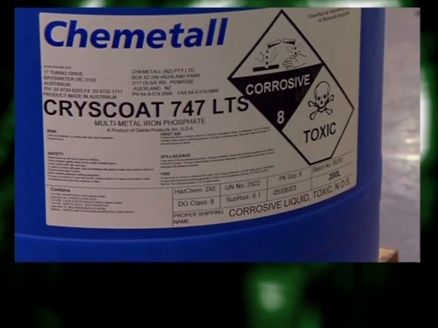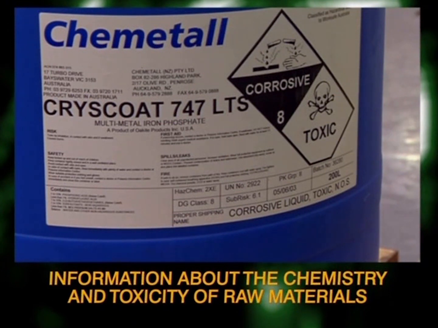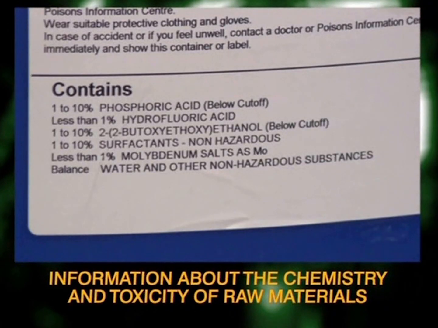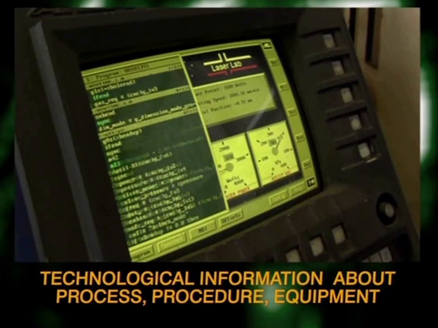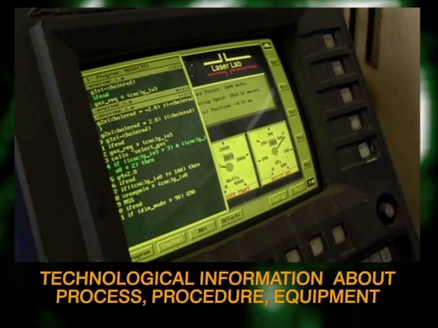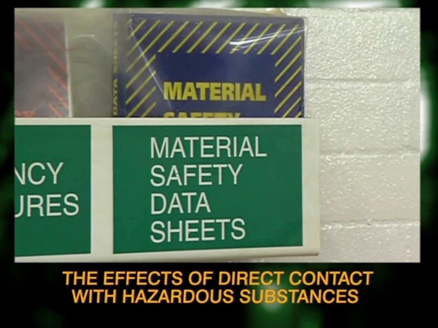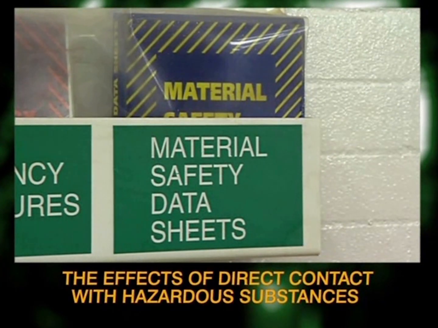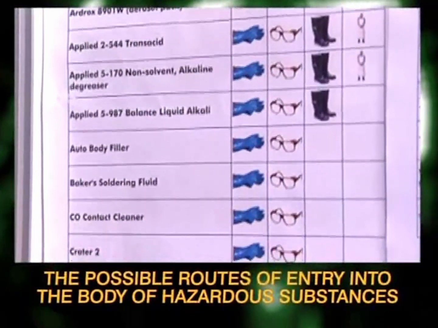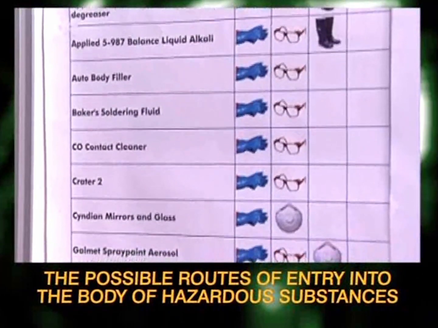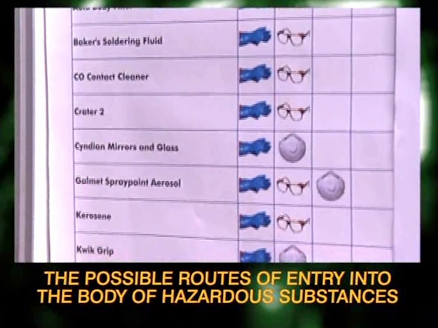In these less obvious situations, in order to be able to recognize the presence of hazards, we may need to know some of the following: information about the chemistry and especially the toxicity of raw materials, products, and byproducts; technological information about a process, procedure, or piece of equipment; an understanding of the effects of direct contact with specific hazardous substances; and an understanding of the possible routes of entry into the body of specific hazardous substances and the possible resultant health effects.